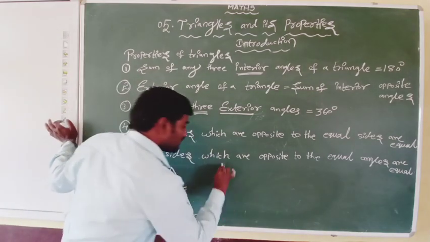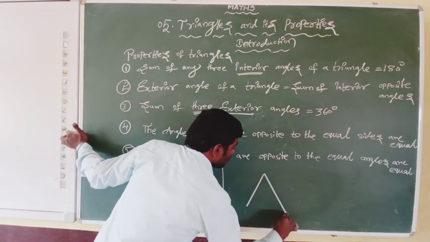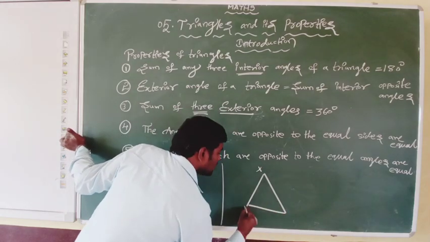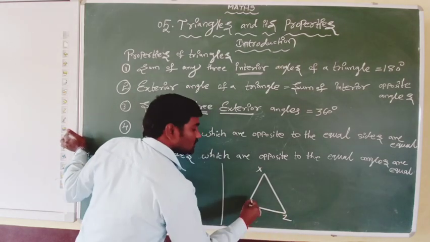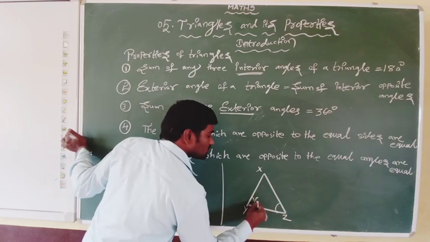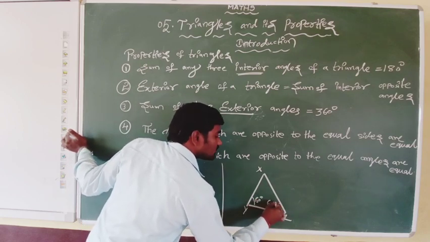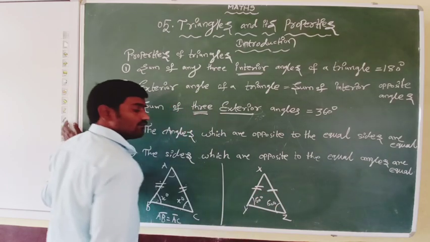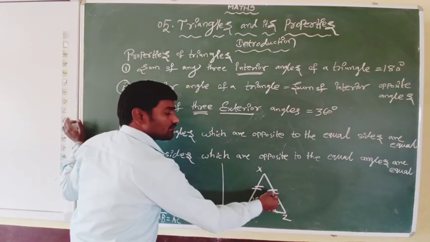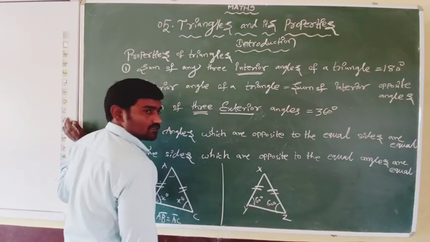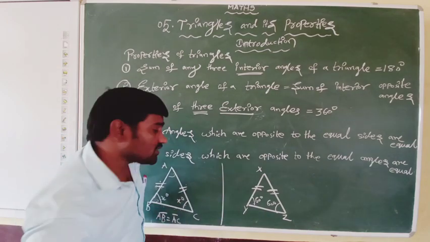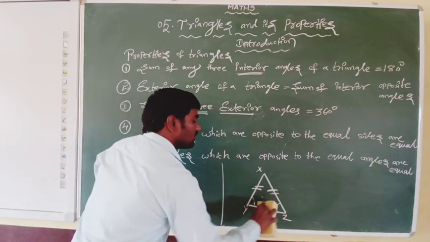These are the same, the converse of it. So suppose here triangle XYZ. Suppose these two angles are equal, suppose 60 degrees and 60 degrees. Then these two sides, which are opposite to these two angles, will also be equal. Not only 60, 60, you can take any angles here.